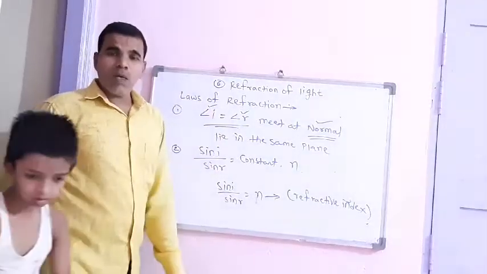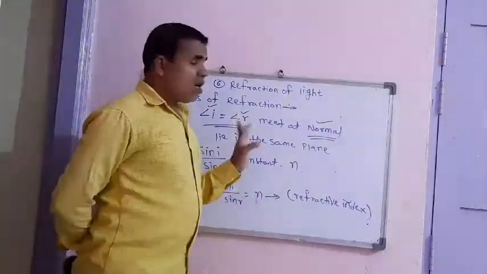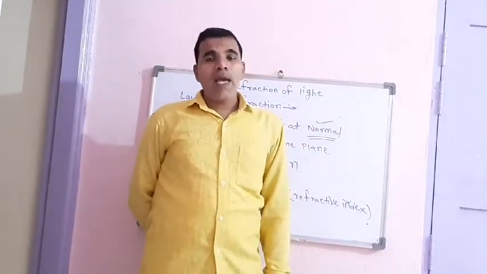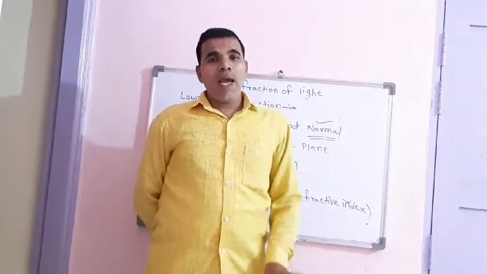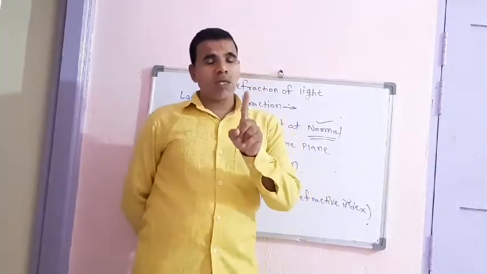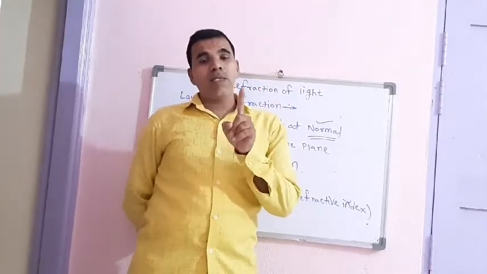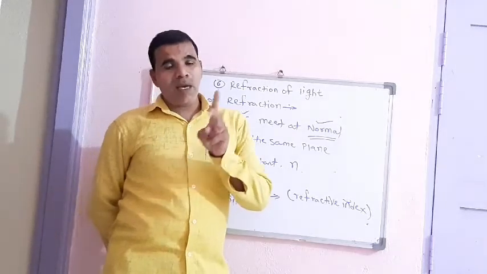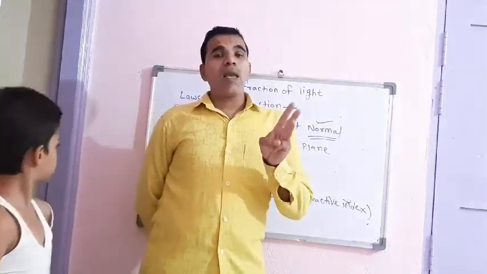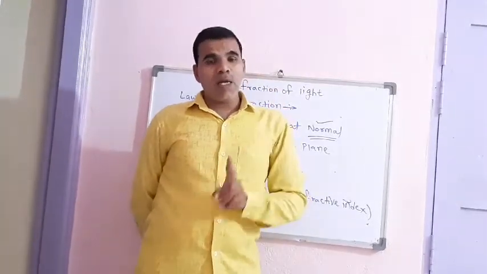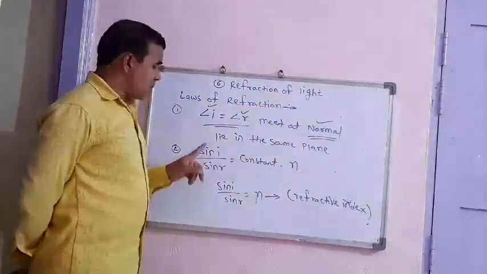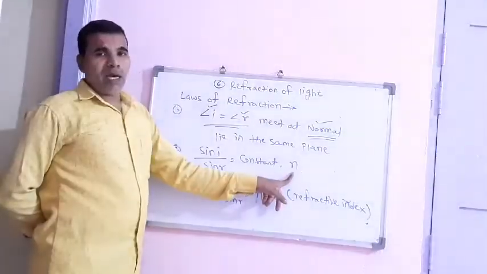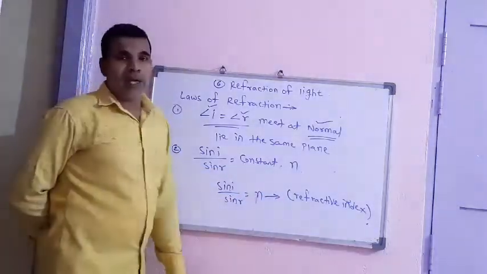The first law is that the incident ray and refracted ray are opposite to each other and meet at a normal, and the incident ray, refracted ray and normal lie in the same plane. And the second law is that the ratio of sin i upon sin r equals a constant, denoted by n, the refractive index.